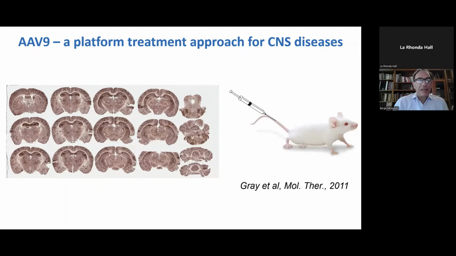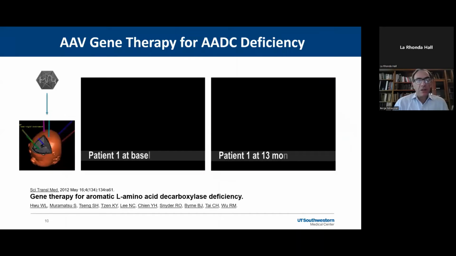But again, this extent of very wide, near complete distribution occurs in neonatal mice, and it is not nearly as good when you use older mice. So if you're dealing with a disease where the pathology is restricted to a very small area, here is an example.